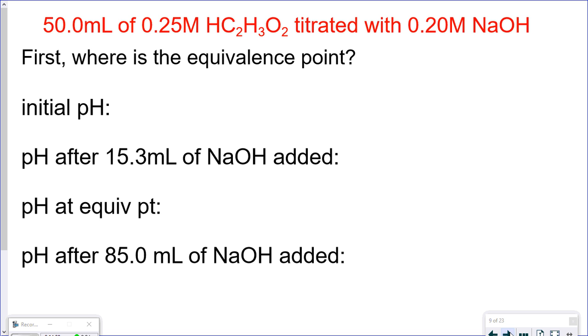I did, on my paper, write out the reaction. It's going to be the acetic acid and sodium hydroxide. I'm going to try to write this small.